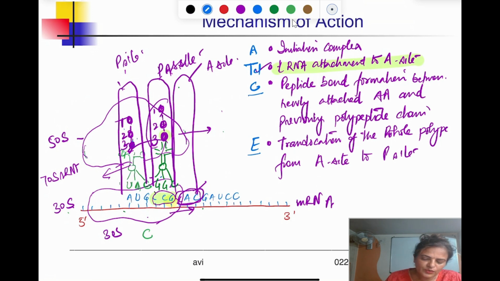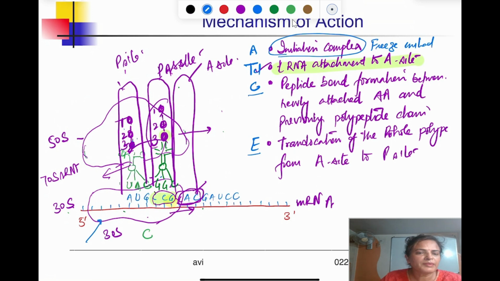Now aminoglycoside is going to inhibit the initiation complex, or as the book writes, it freezes the initiation. It binds to the 30S, especially streptomycin. It binds the 30S subunit or 50S, and they say even at the interphase also. This is one way how the aminoglycoside is going to act.